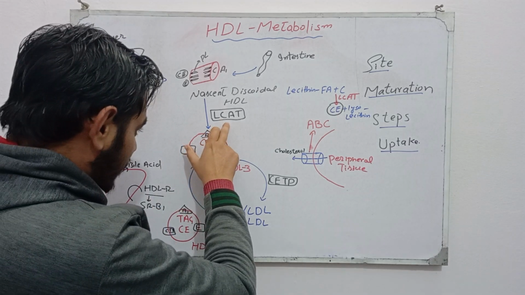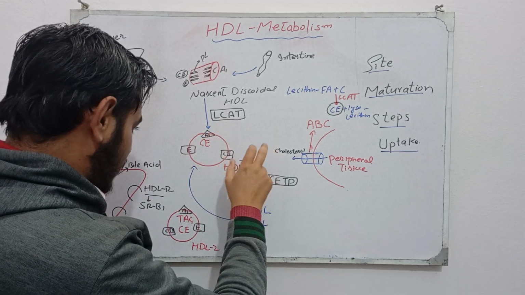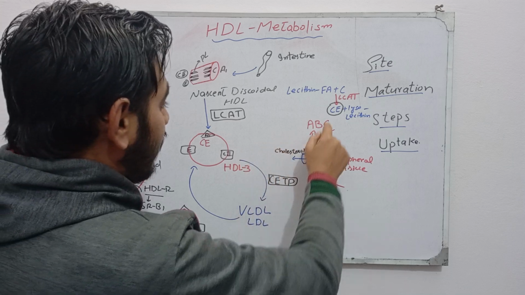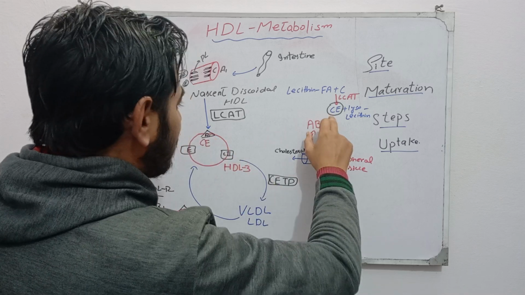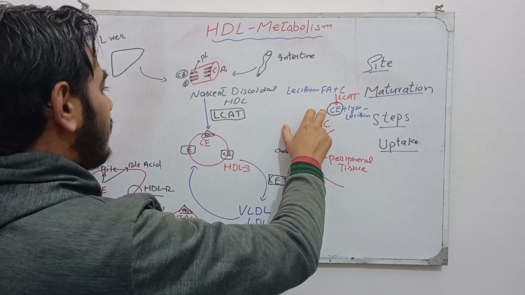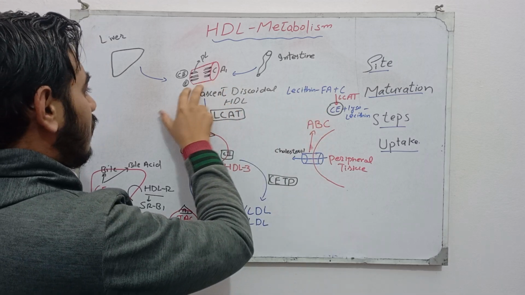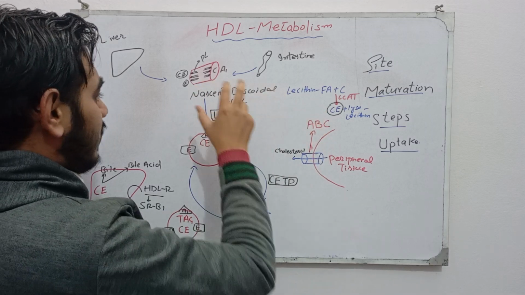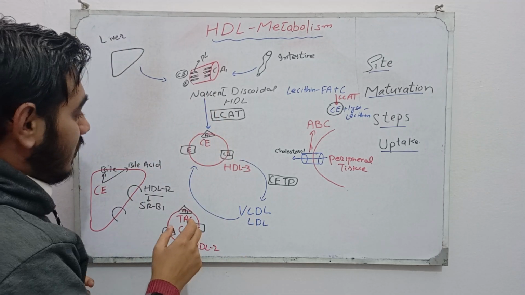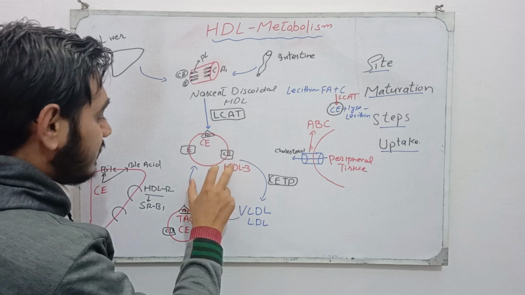The enzyme is responsible for the esterification of this cholesterol, converting it into cholesterol ester and lysolecithin. Cholesterol ester, being hydrophobic, gets attached to the inner part of this nascent discoidal HDL and converts it into the spherical shape of HDL, which is called HDL3.